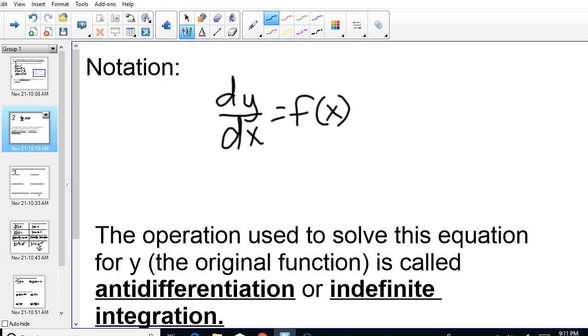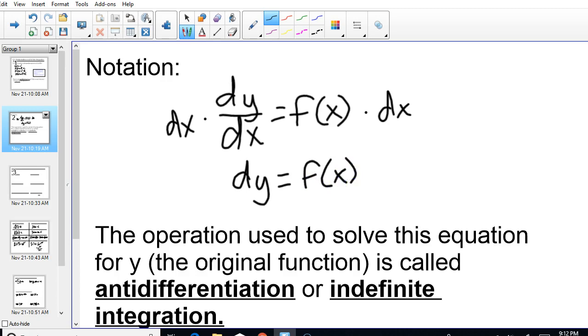In this case, we want to get back to the original function, not the derivative dy dx, but just y equals. If we wanted to solve this for y, the first thing we would have to do is multiply both sides by dx. That would give us dy equals f of x times dx.